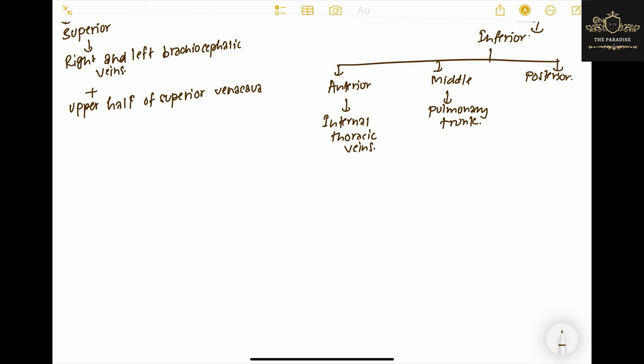And also azygous vein, terminal part of azygous vein. And posteriorly, what is present here is azygous vein and hemiazygous vein.